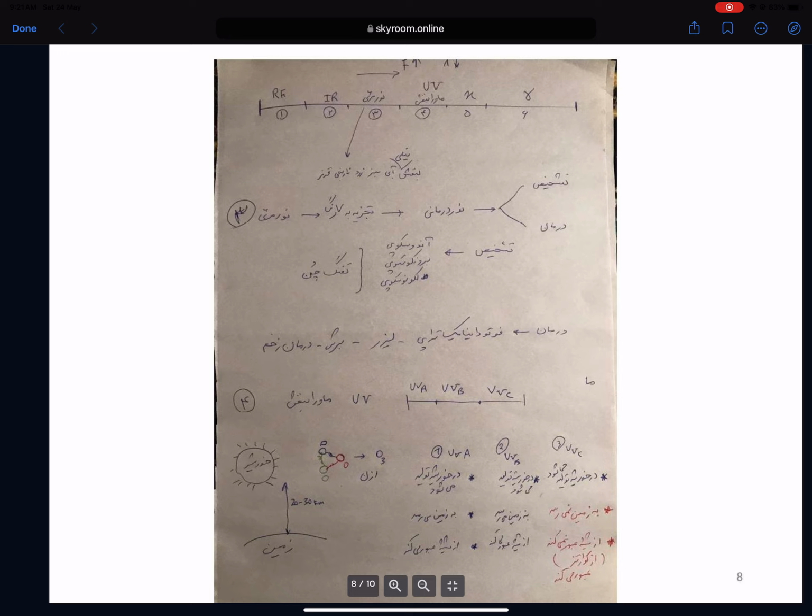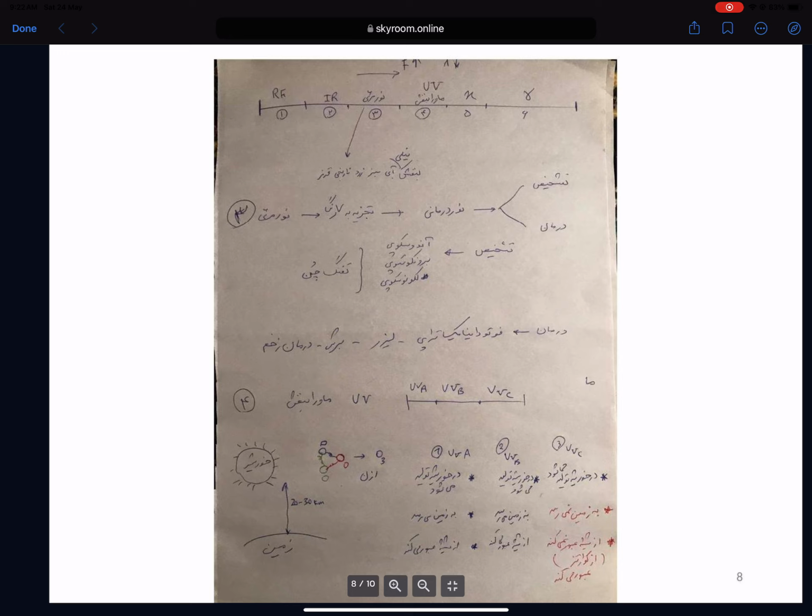You know that visible light is very applicable in medicine, and you know from high school that if you put visible light in front of a specific optic lens, the visible light can be converted to seven colors.